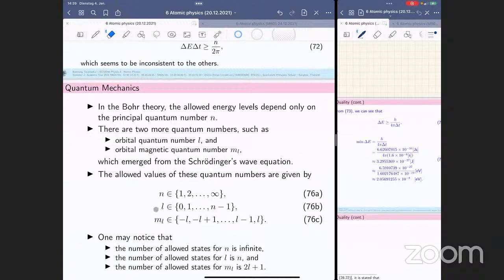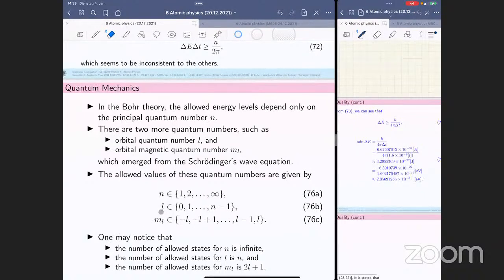L could also be 0, but ML is different because it can also be a negative value.